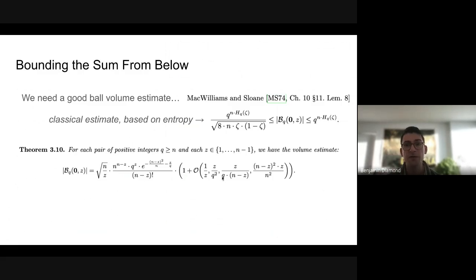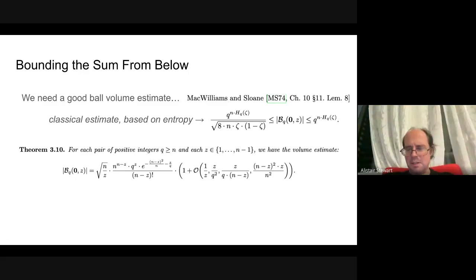So what this fancy notation means is that if you take the ground truth here and you take our expression here, they might not be close, but they can be made close. Whether they're close or not will depend on what z, n, and q are. For some z, n, and q, they might be way off, but if we choose z, n, and q such that these expressions get small, then the ratio between the ground truth and our estimate will go to 1, right? So it's controllable.